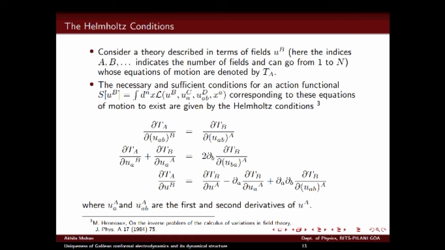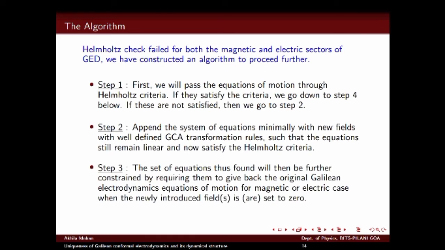Okay, so after that we tried to find the action formalism using the Helmholtz criteria, but we failed for both the magnetic and electric sectors of Galilean electrodynamics. Then we developed a consistent algorithm. So the algorithm is given here. Step 1, first we pass the equations of motion through the Helmholtz criteria.